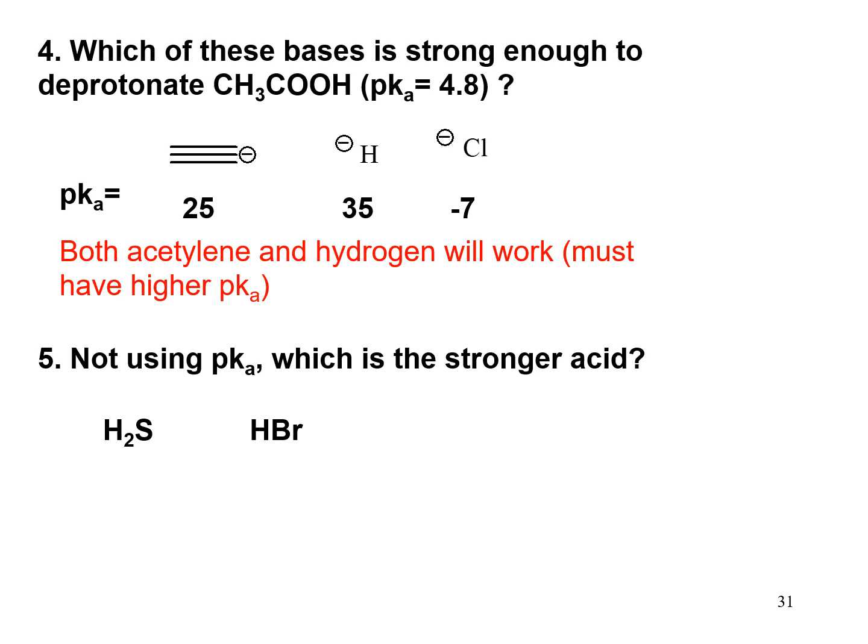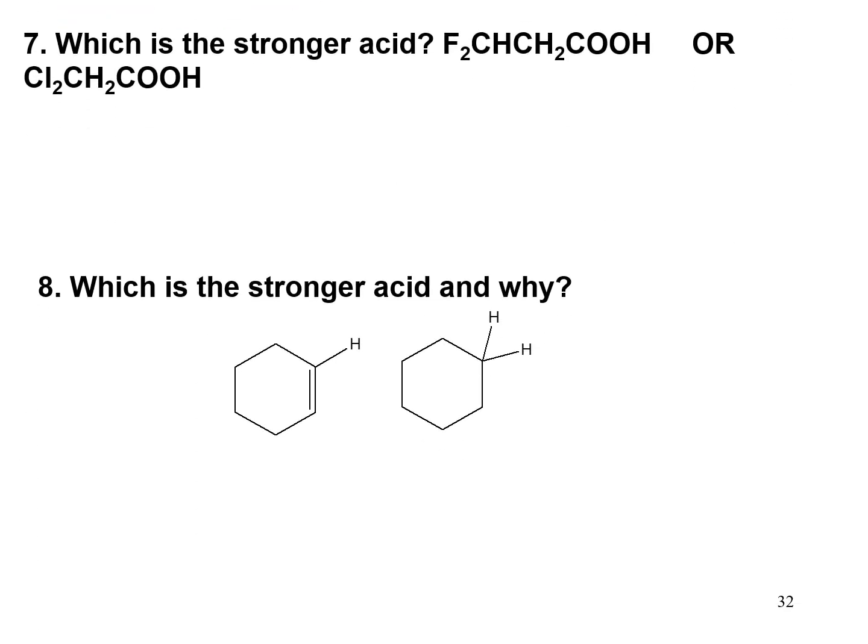So hydrogen bromide is a stronger acid than hydrogen sulfide. Now, for the chloro compound: number one, the bond between fluorine and hydrogen is very tight.